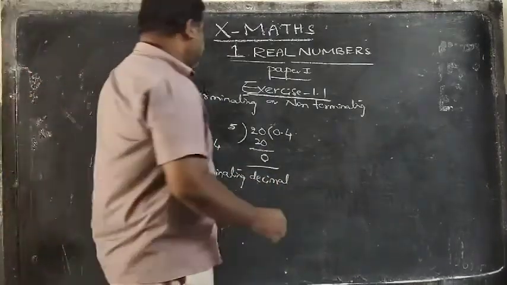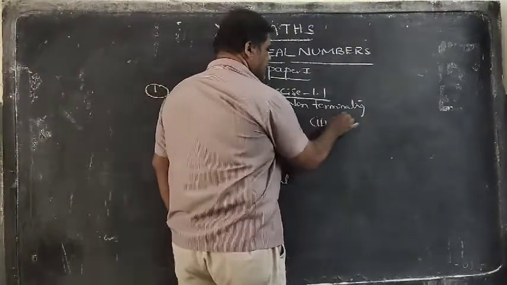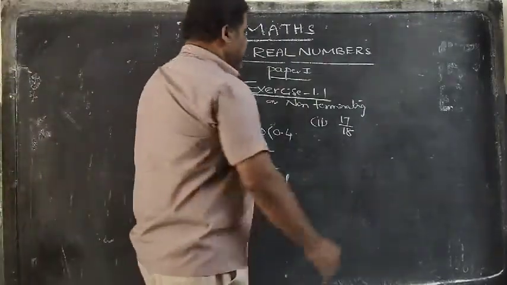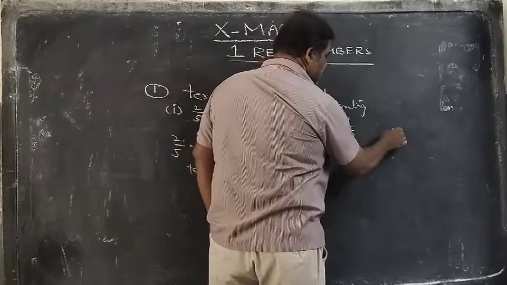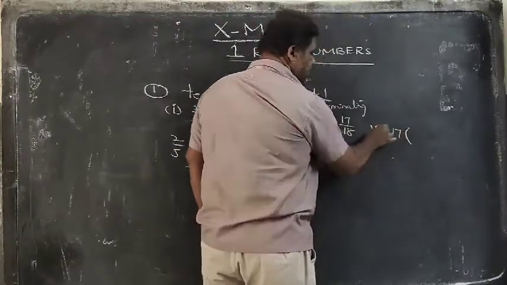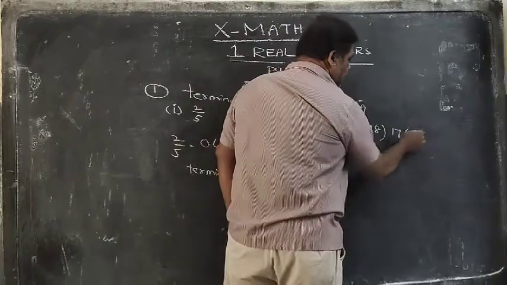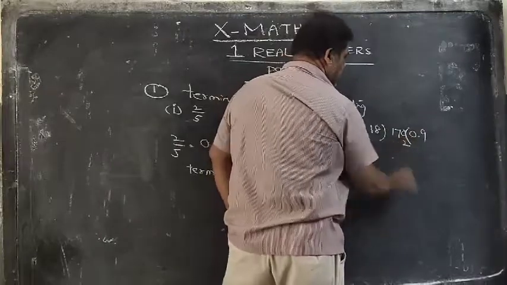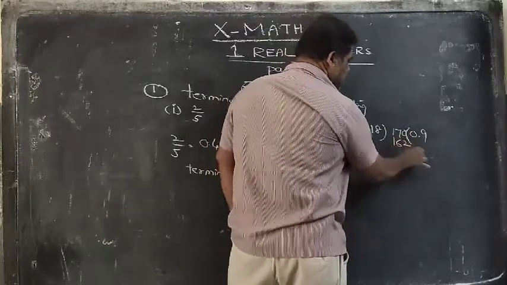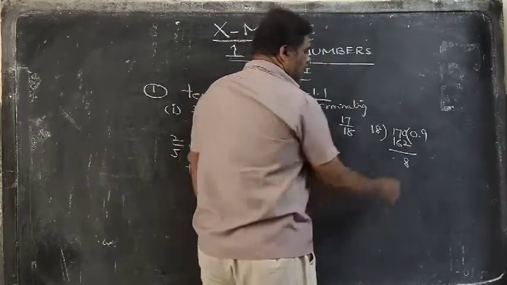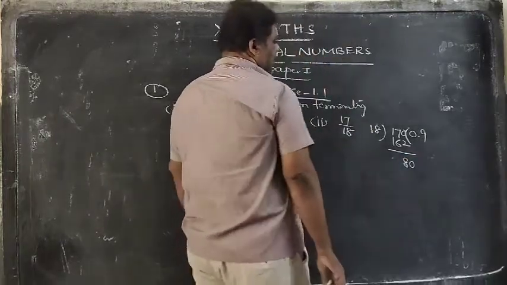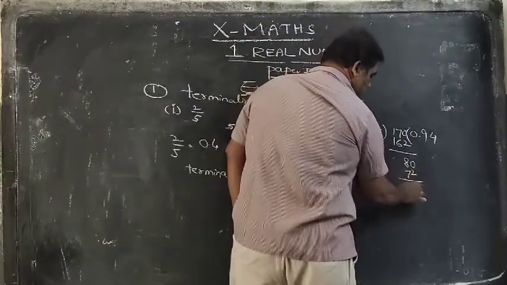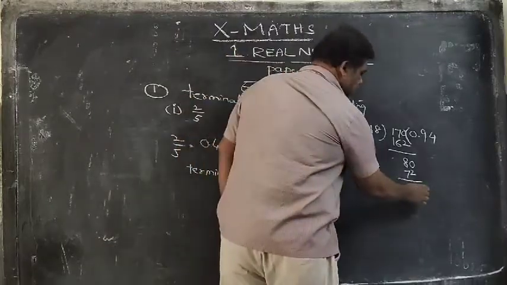Now the second one, 17 by 18. Seventeen is less than 18. Let us divide 17 by 18. Keep 0 point and keep 0 here. 18 nines are 162. Remainder is 8. Keep 0 here. 18 fours are 72. Again remainder 8. Keep 0.